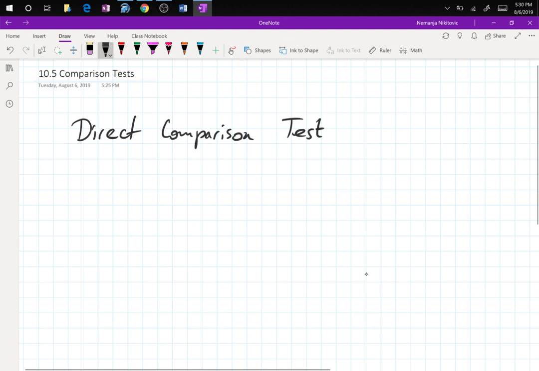In the direct comparison test, you will be comparing the sequences within series, right? Sequences, and then you will draw conclusions observing the situation you have. So let's first write the theorem.